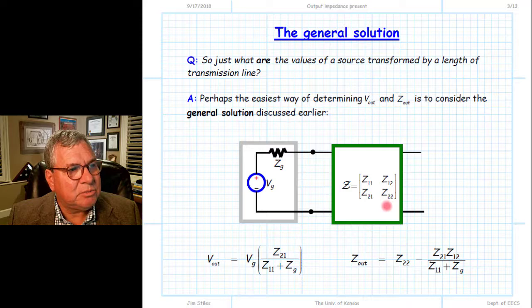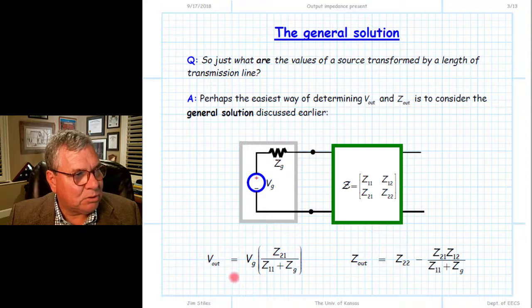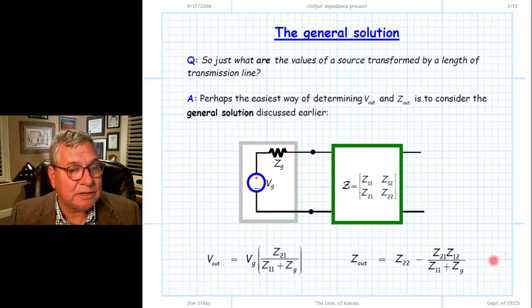For this case, we see that this 2-port device transforms the original source into a new source with an open circuit voltage V out and source impedance Z out, in terms of the 6 parameters: the transimpedance parameters, VG, and ZG. So the question is, how does this help us with the transmission line?